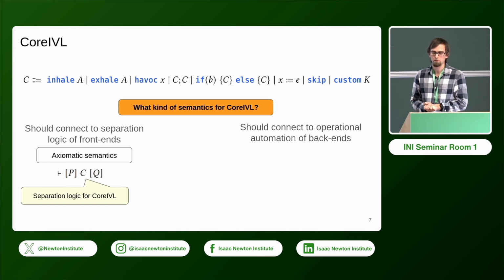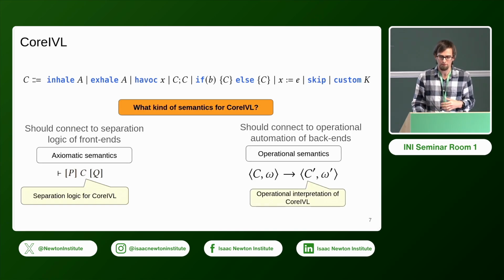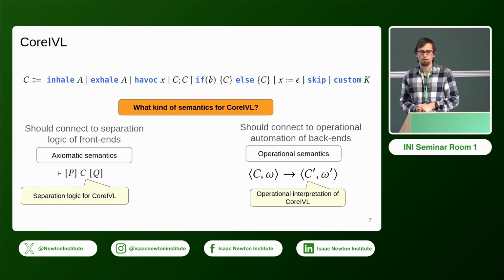However, we also want to connect the core IVL to the operational automation used by the backends. And for this, it's really good to have an operational interpretation of core IVL, or standard operational semantics, because the backends usually reason about these IVL programs in a more operational style.